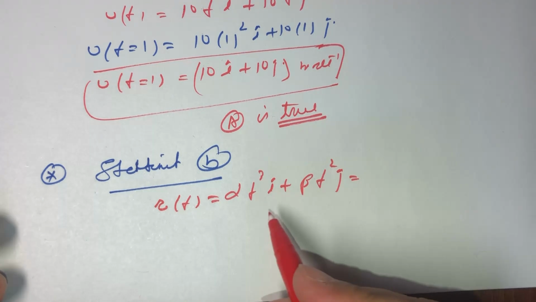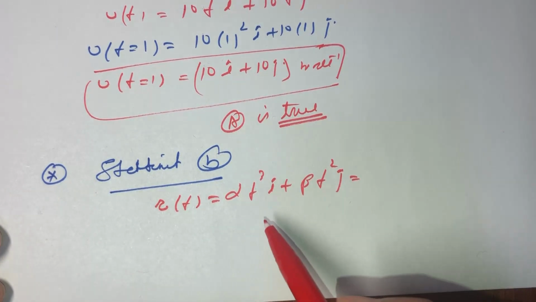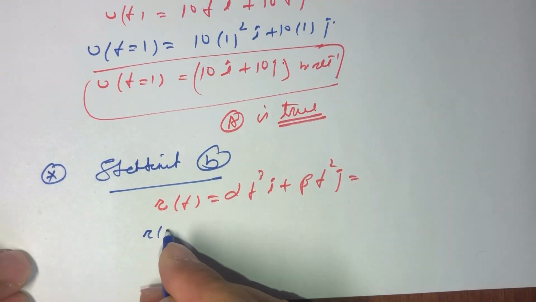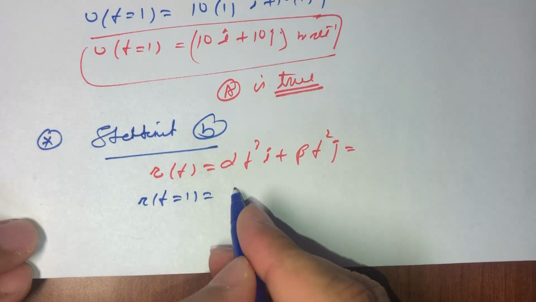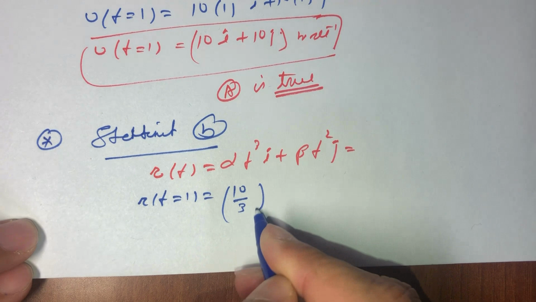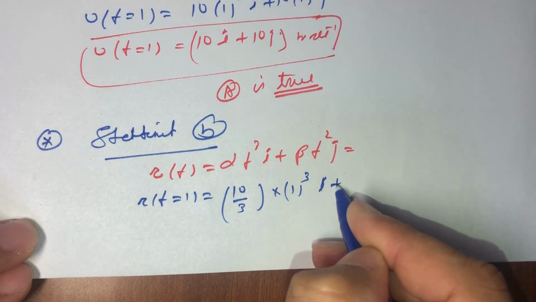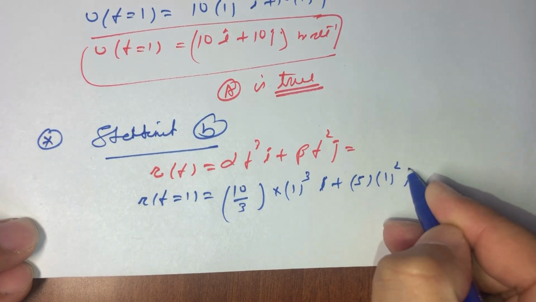Substituting value of alpha and beta as 10 by 3 and 5 and time is equal to 1 second, r at time 1 second will be equal to 10 by 3 multiplied by 1 cube i plus beta is 5 multiplied by 1 square j.